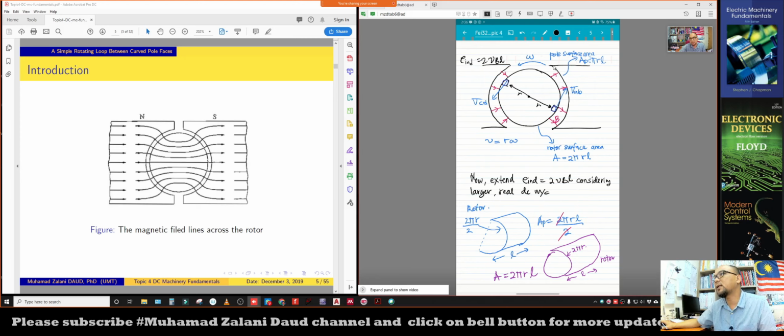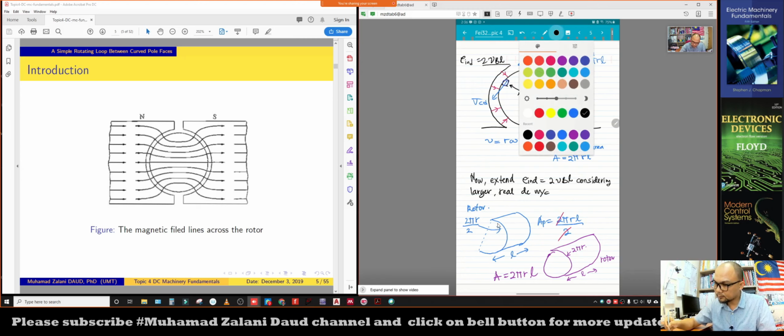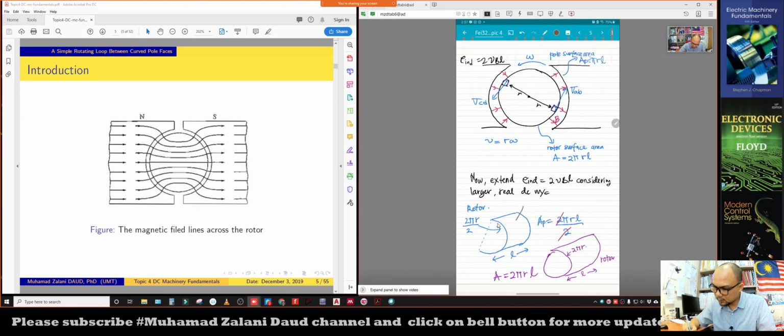So basically, the pole surface area AP here is pi RL. Why is it pi RL? It comes from here. For example, this is the rotor, okay, and the other one is the stator.